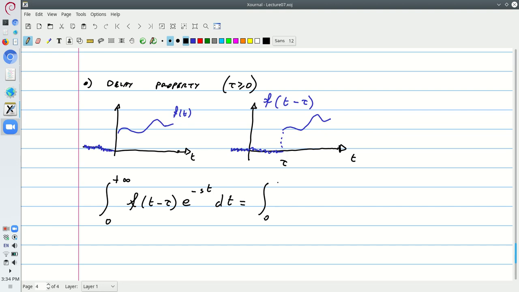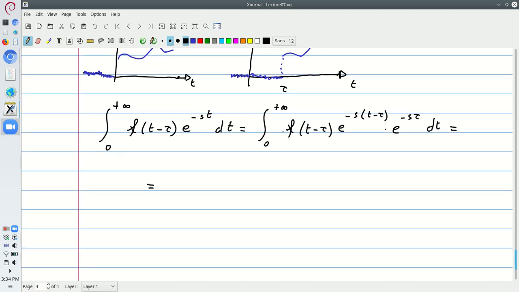Well, we do a sort of trick. We keep our f of t minus tau here, and we write this as minus s of t minus tau here. But the problem now is that I have added a term tau here that I have to remove. So if I consider this expression here, you can see that the two taus cancel each other out, and so we haven't modified anything.